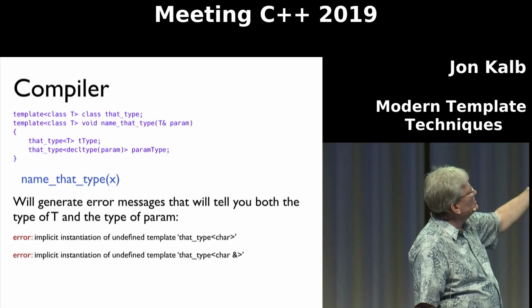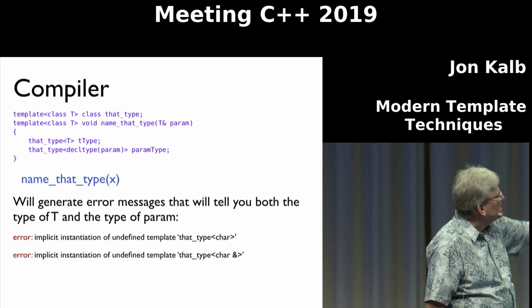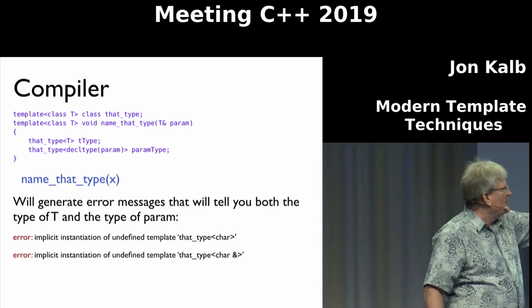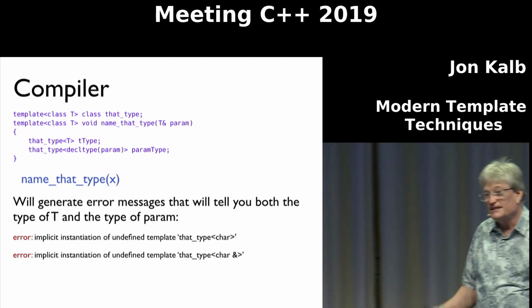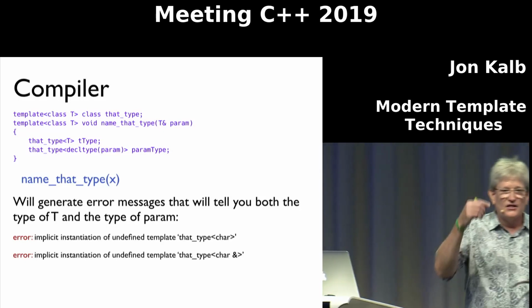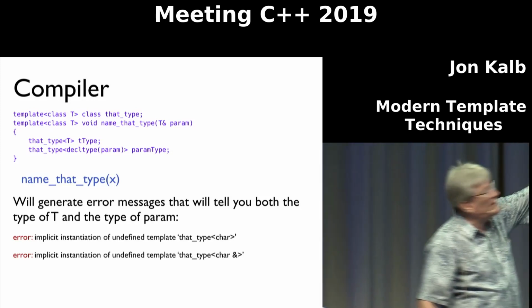And the reason that this works is because when you say name that type of x, the compiler will tell you that it can't instantiate that type of char or that type of char ref. Does that make sense? In other words, the error message says, this is the type, and I can't do anything with it. Why can't it do anything with it? Well, it's because we didn't define it for that type.